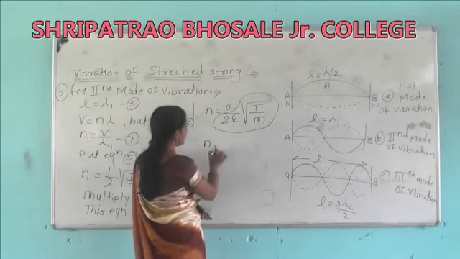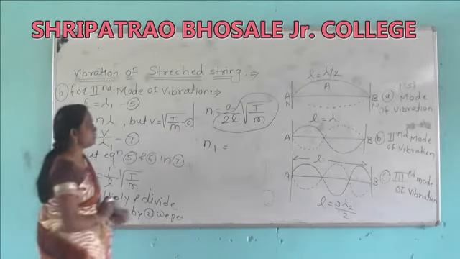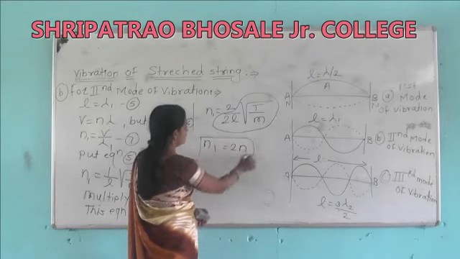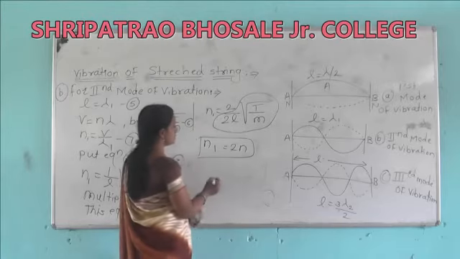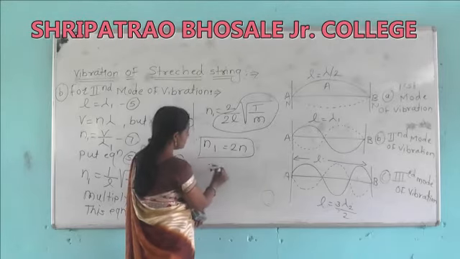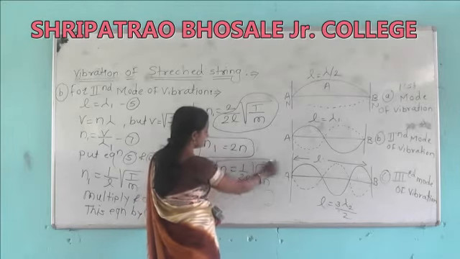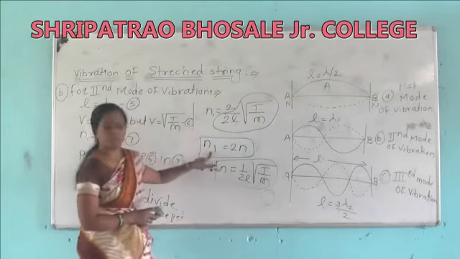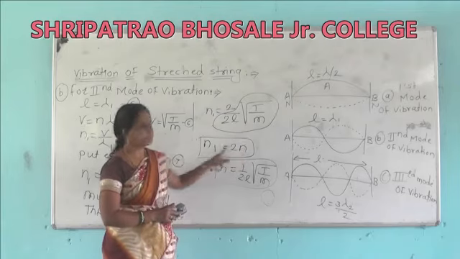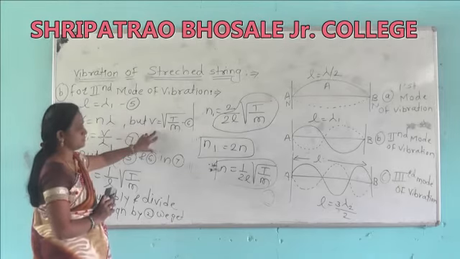For the second mode, we consider this frequency n1, which is 2N, because N is the fundamental frequency, N is equal to 1 by 2L square root of T by M. This is about the second mode of vibration.